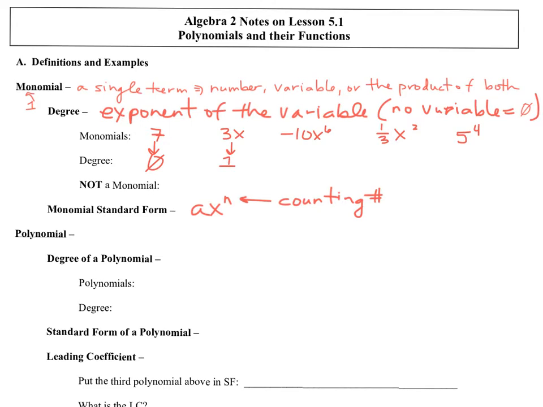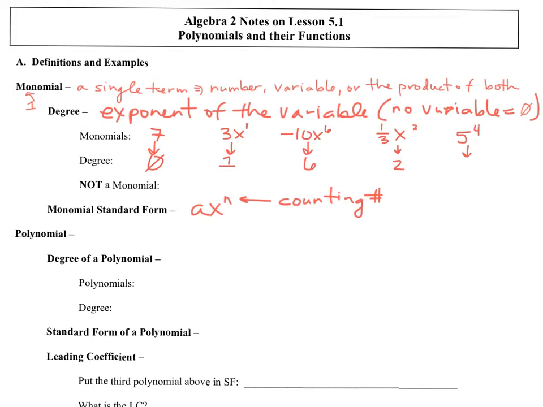Basically, you're thinking of this as x to the first power, right? A degree of 1. What's the degree of this next guy? 6. X to the 6th power. What's the degree of this guy? 2. What's the degree of this guy? Good job. It's a trick question, right? Everyone goes, oh, it's 4, because your exponent's 4.